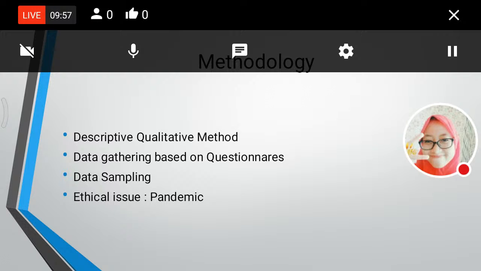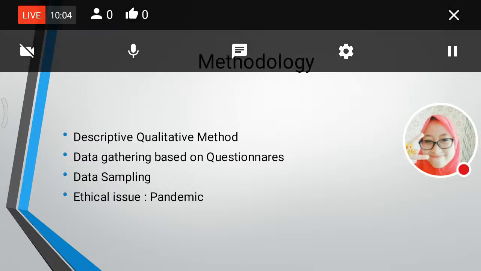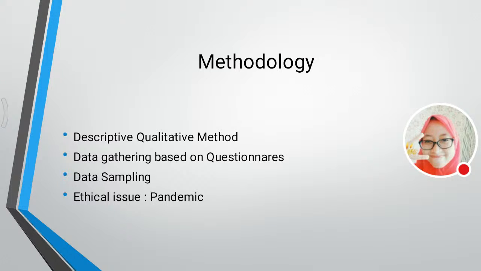Also, I planned to have observation and questionnaire as the data gathering, but since it's a pandemic, I can't apply an observation for this research. The data samplings were taken from several students of senior high school.